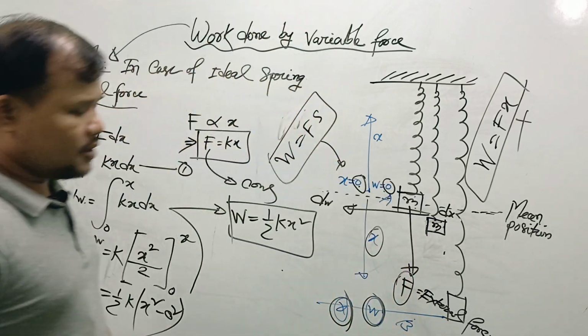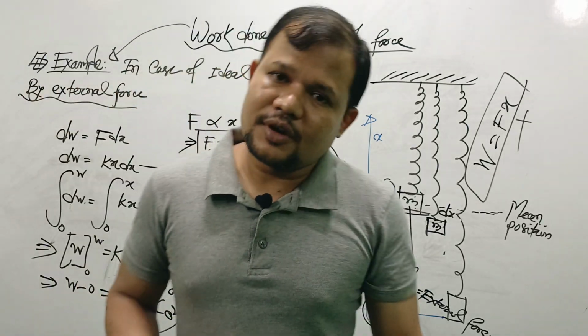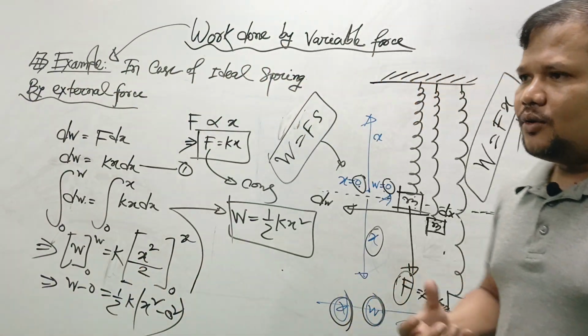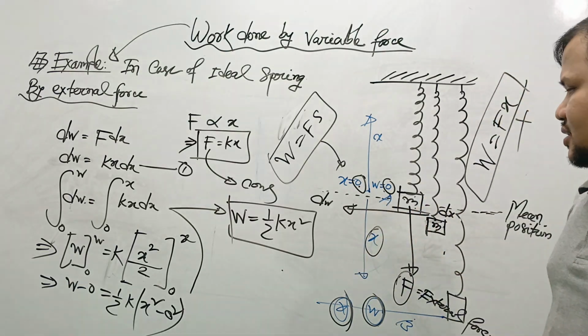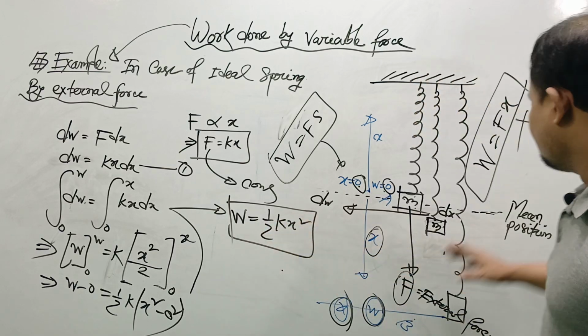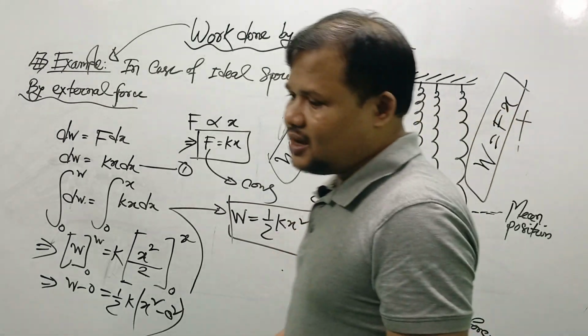Because of that, in the case of stretching a spring, to find this work done we use W equals half k x squared, not the other equation. Why can we not use that equation? Because it is only valid for a constant force, and this equation is only valid for a variable force.